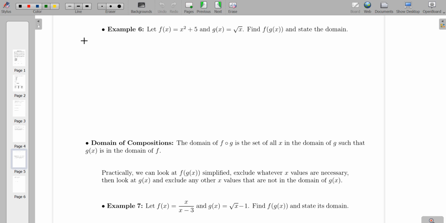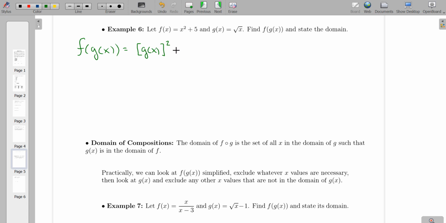So as far as the algebra of this is concerned, finding f of g of x shouldn't be too tricky for us because we can see that f is simply x squared plus 5. And so I'm replacing wherever I see an x with g of x.